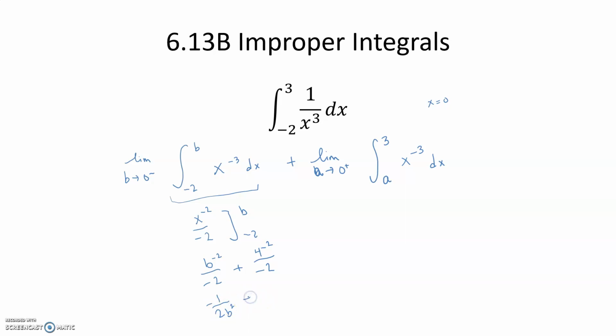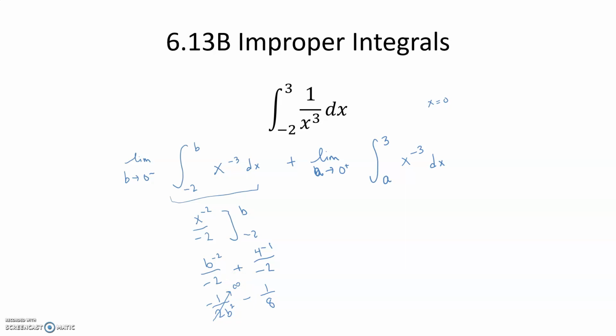And this would be minus 1, oops, that's not to the negative 2 power, that's to the negative 1 power because I already squared it. But as b approaches 0, this part is going to approach infinity because we're taking negative 1 divided by 0.